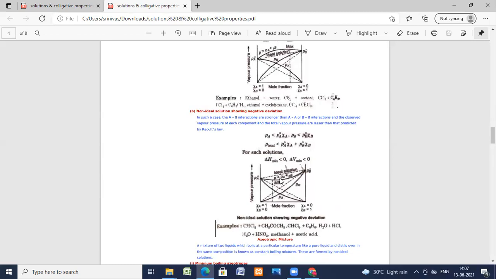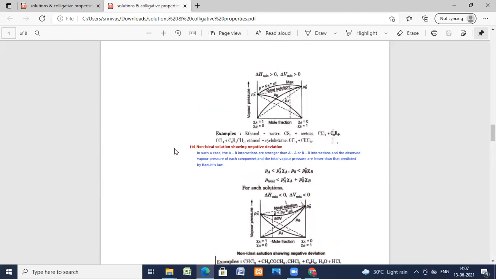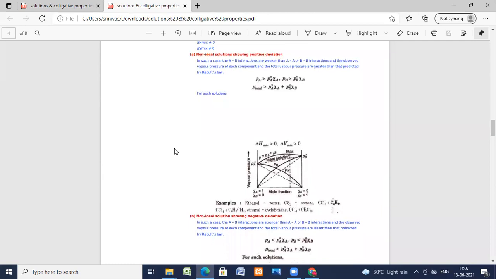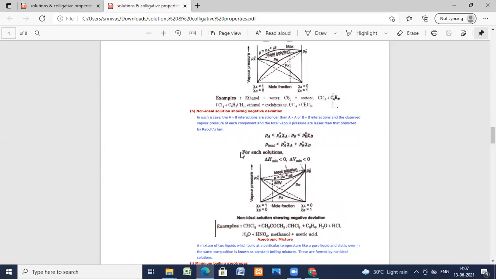Now, what is negative deviation? Here you can see, the AA interactions and BB interactions are observed, and the final attractions, whatever you are getting, are stronger than AA and BB.